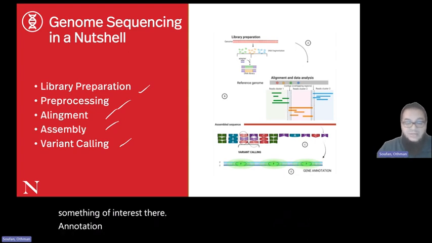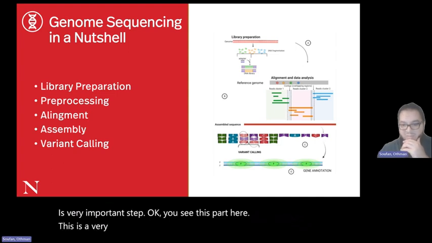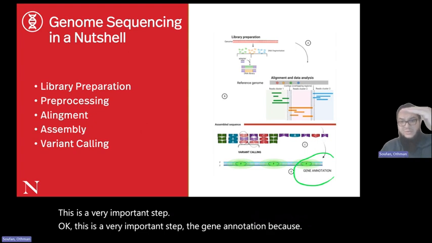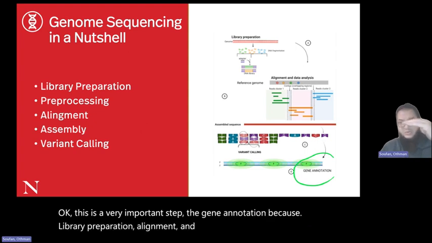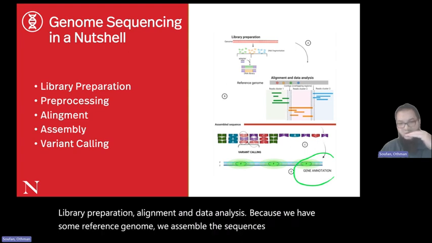Annotation is a very important step. Okay, this is a very important step, the gene annotation, because after library preparation, alignment and data analysis, we have some reference genome, we assemble the sequences, we start looking into the variants.